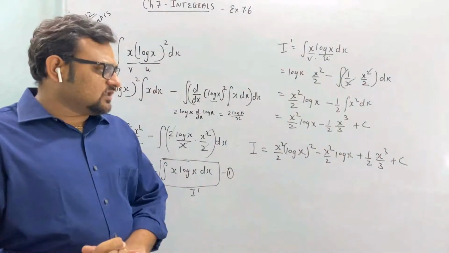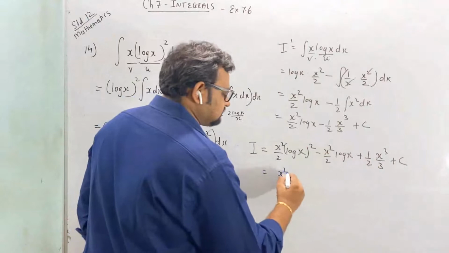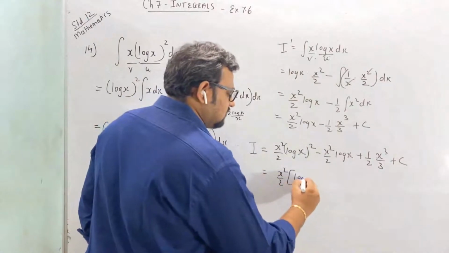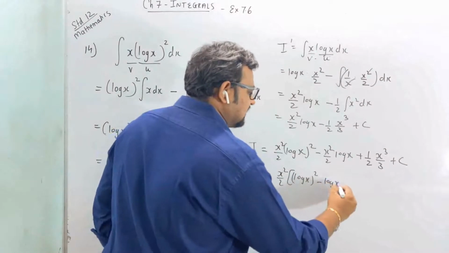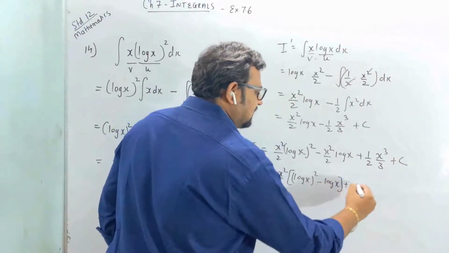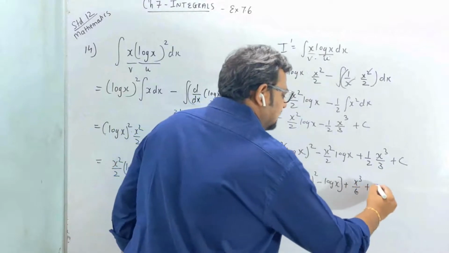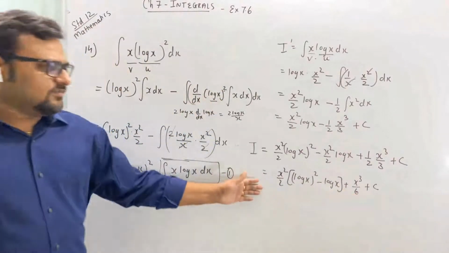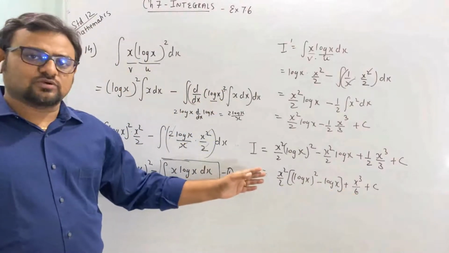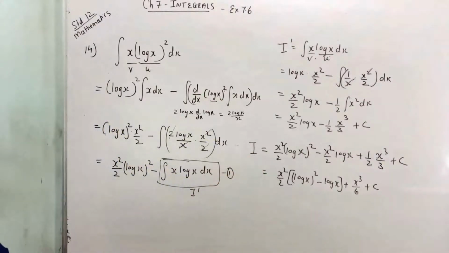Okay, now you can do one thing here. You can take x square by 2 common: log x whole square minus log x plus x cube by 6 plus C. You can also take 1 by 2 common from this, that will also do. So this is the answer for question number 14.